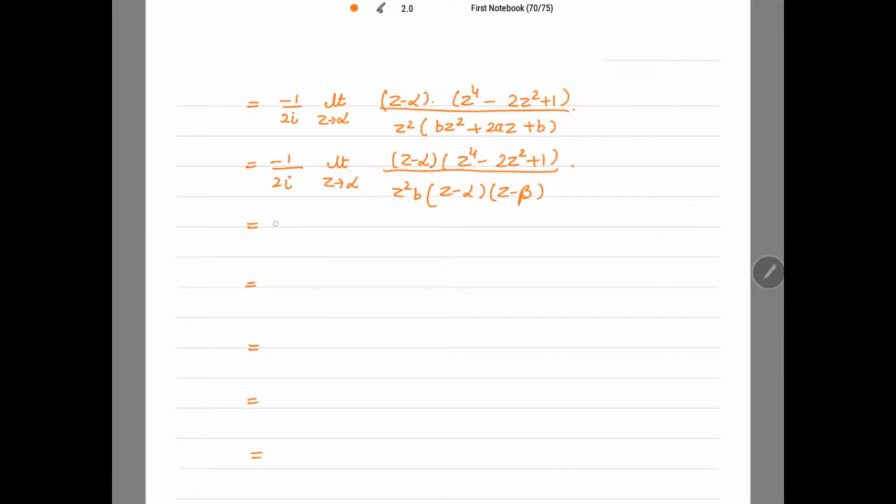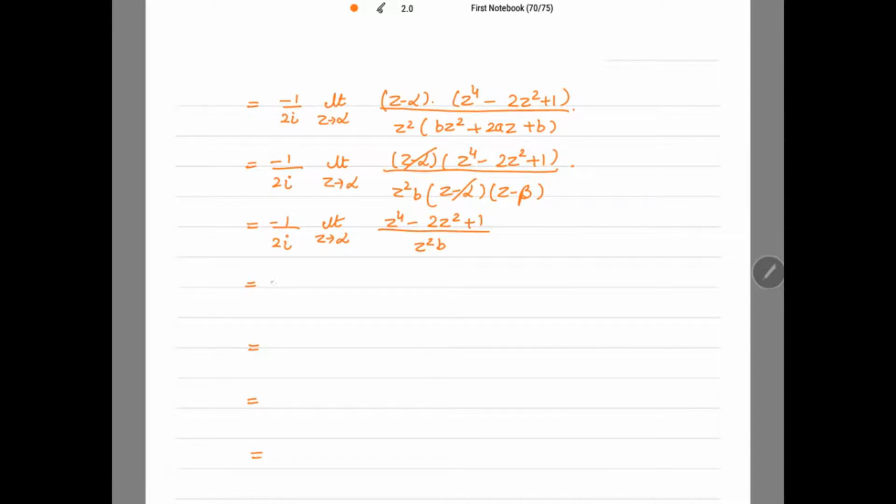So this is equal to minus 1 over 2i, this z minus alpha is cancelled out with this z minus alpha, and I am left with limit z tends to alpha, z to the power 4 minus 2z square plus 1 over z square b.